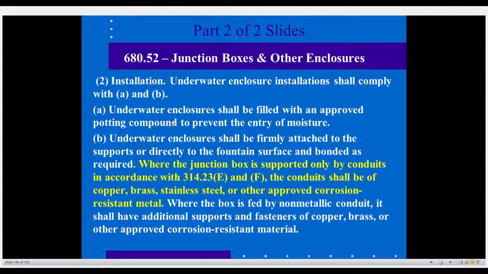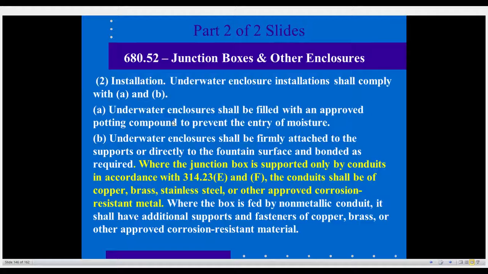You've got to meet the requirements of 680.52(B)(1), which is the construction requirements that we just talked about, with the glands and the approved. The submersible enclosure has to be made of brass or other corrosion-resistant material. Then we came to the installation, where it says the enclosure has to be filled with a potting compound.